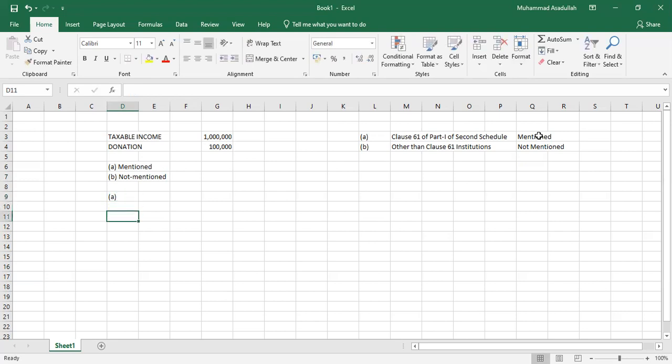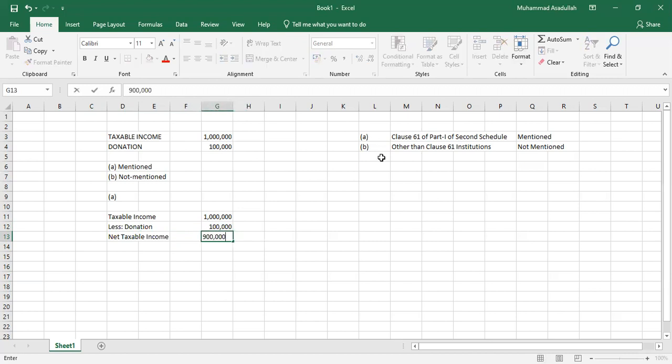Under case 1, your taxable income is rupees 1 million. Now you have to less your donation, that is rupees 1 lakh. Then your net taxable income will be rupees 9 lakh.